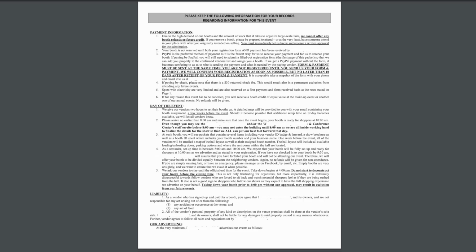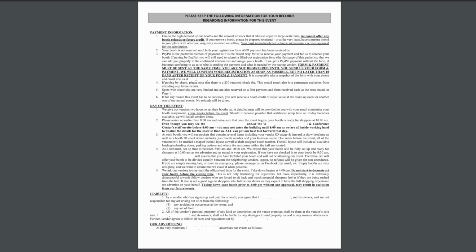Here we have the information sheet that I mentioned earlier. This, you can see, is headed at the top to tell the vendors that they need to hold on to this information. And one thing I do want to mention is that this should be made as a separate page when you're printing. Don't print on both sides when you're doing the vendor application, or else the vendor ends up just giving this right back to you.